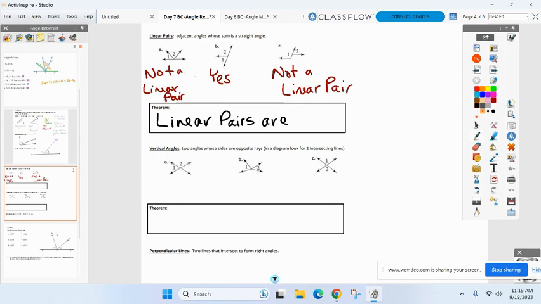If you know two angles are linear pairs, you know that they are supplementary. Okay, they are supplementary. Good? All right, next up.